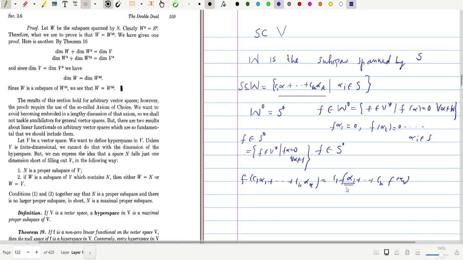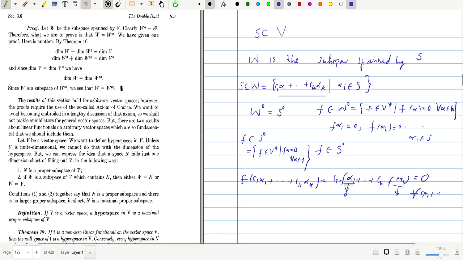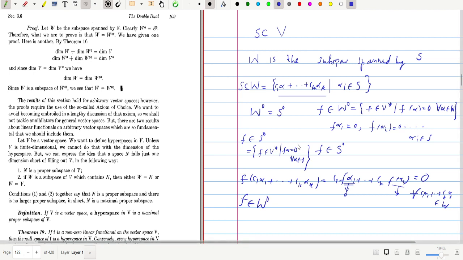Consequently, these are all 0, because alpha 1, alpha 2, alpha 3 are elements of S, and F belongs to S naught. So you get this equal to 0. This holds for any arbitrary element of W. So this shows that F belongs to W naught. That means the reverse inclusion is also true. That means W naught is the same as S naught.